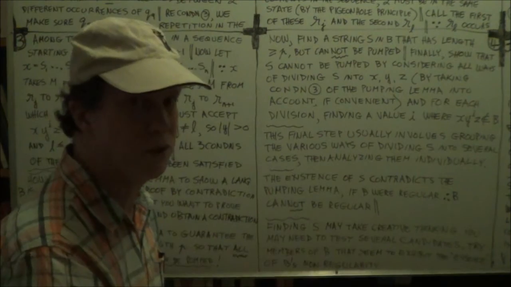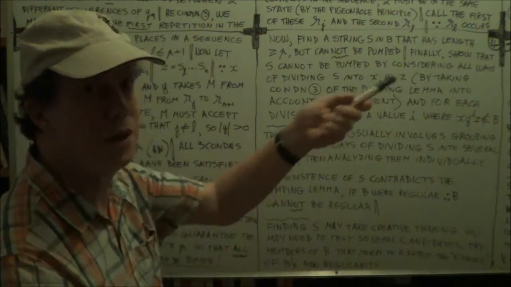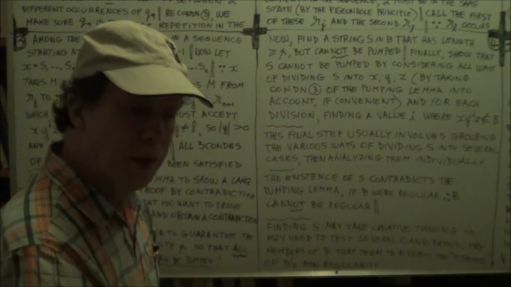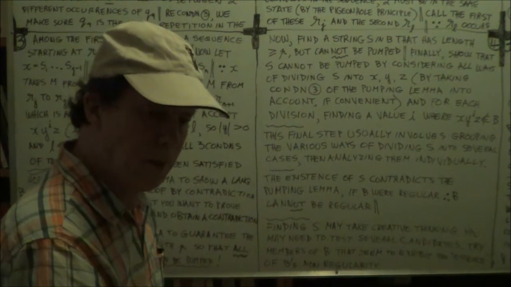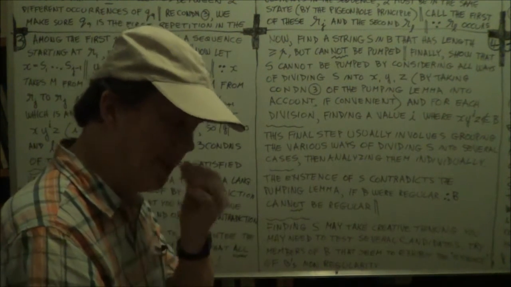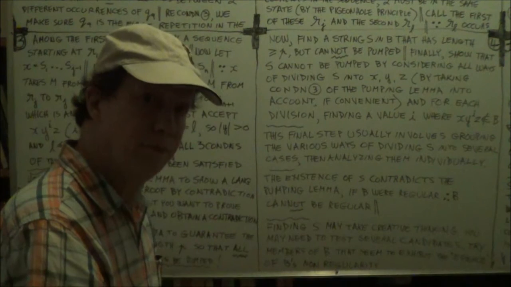So condition 3 is quite important, as you'll see in future sessions when we go through these 5 examples of using proof by contradiction to show that a particular language is not regular.